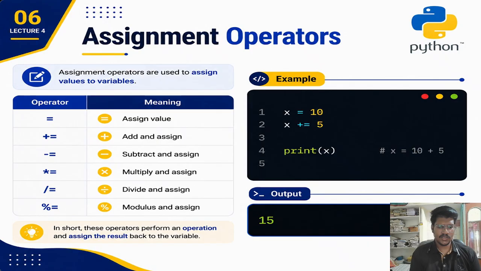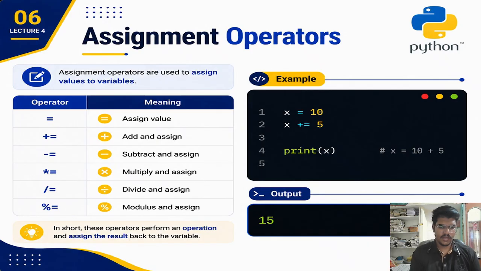These are shortcuts that perform an operation and assign the result back to the variable in one go. They are not just convenient, they also make our code more concise and readable.